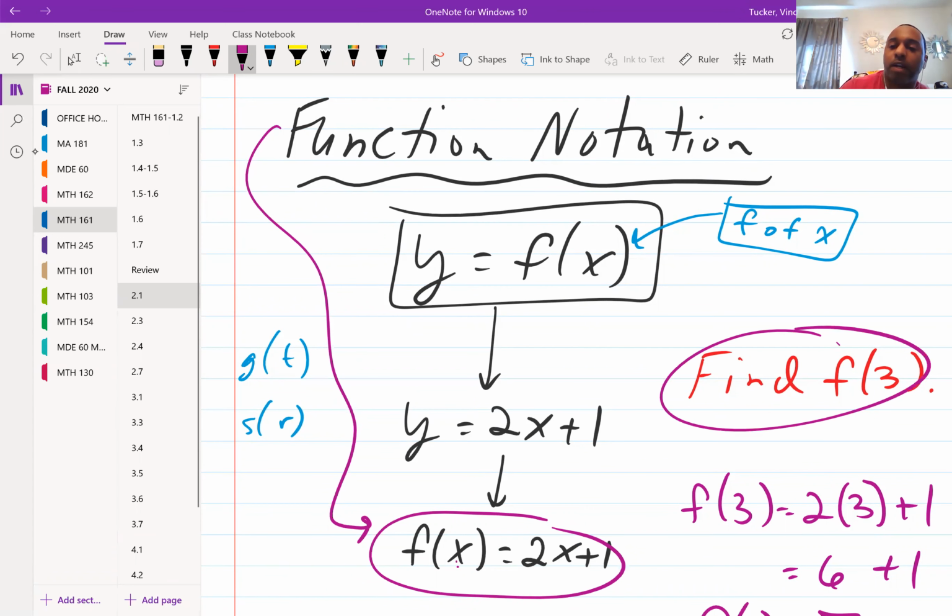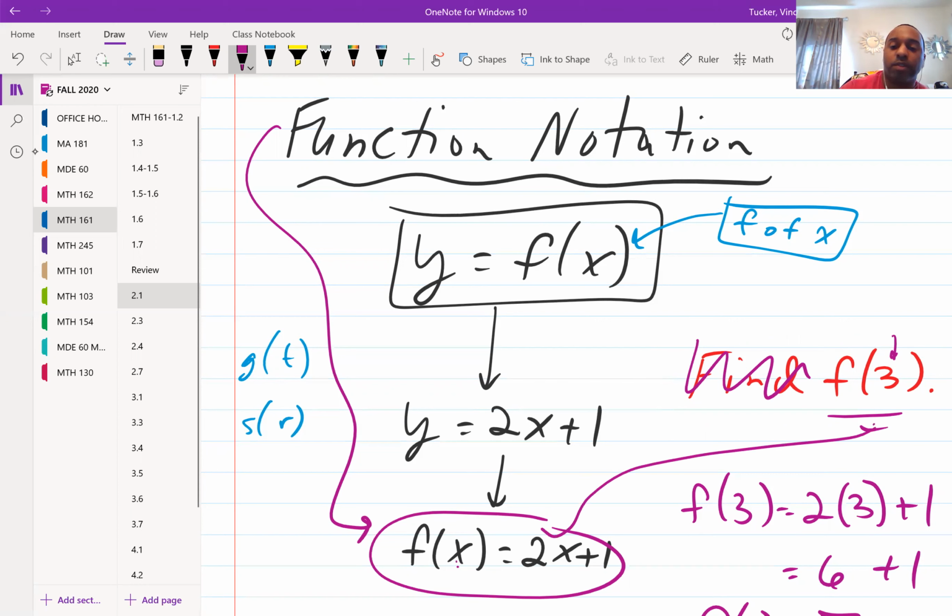Notice here it says find f of 3, but even if it didn't, if you wanted to know what f of 3 is, then you look at f of x, and that means you'll plug 3 into the function.